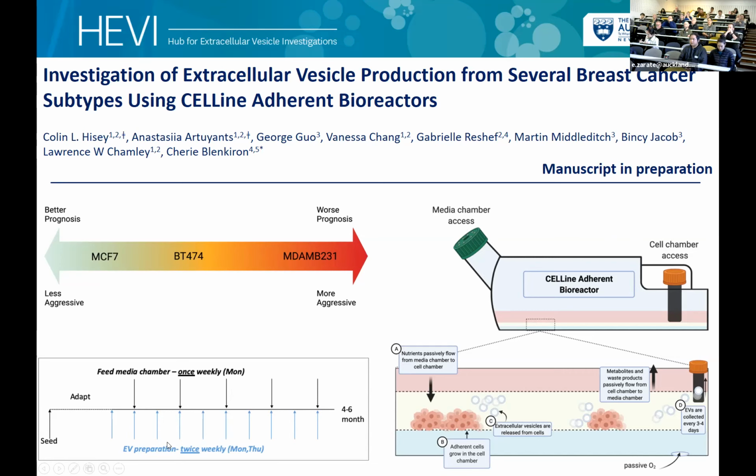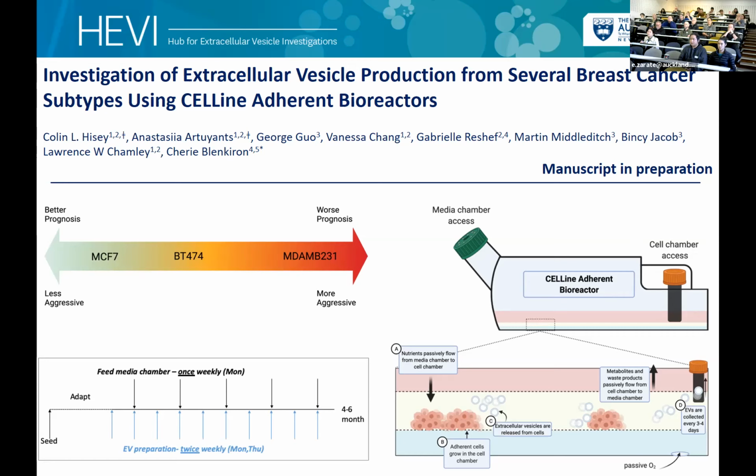So the first question for the proteomics was whether this feeding cycle may affect the protein profile of the vesicles. If we feed only once a week but collect twice a week, can we get some starving proteins or some indications that our system is unhealthy?